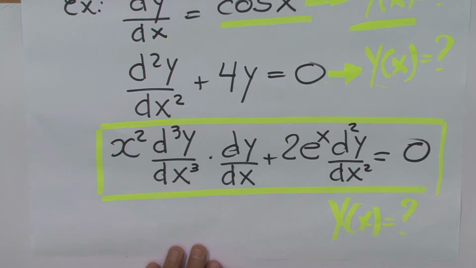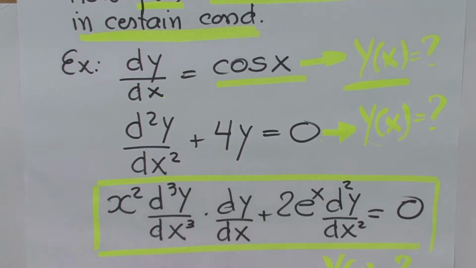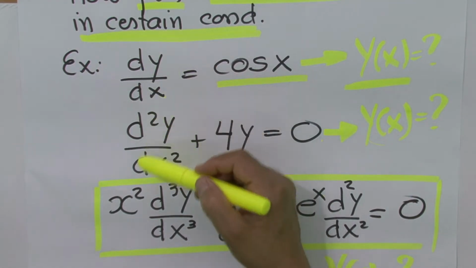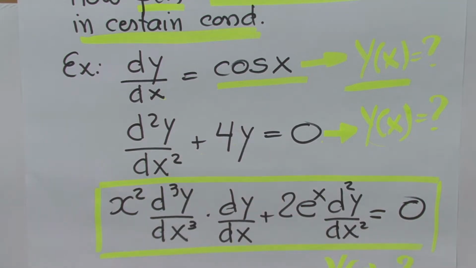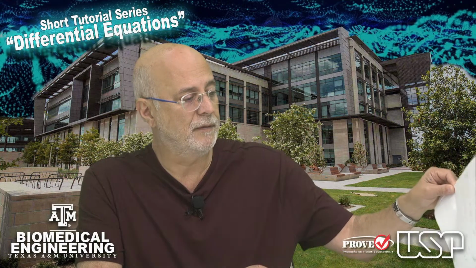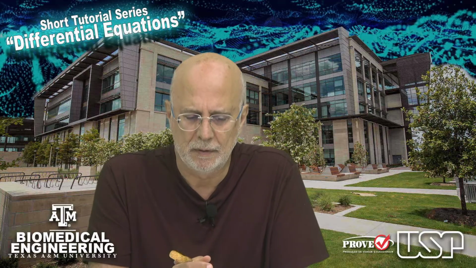And they all here are ordinary differential equation. And you note that there are different orders of derivation. And the order of the derivation normally classifies what we call the order of the ordinary differential equation, right?